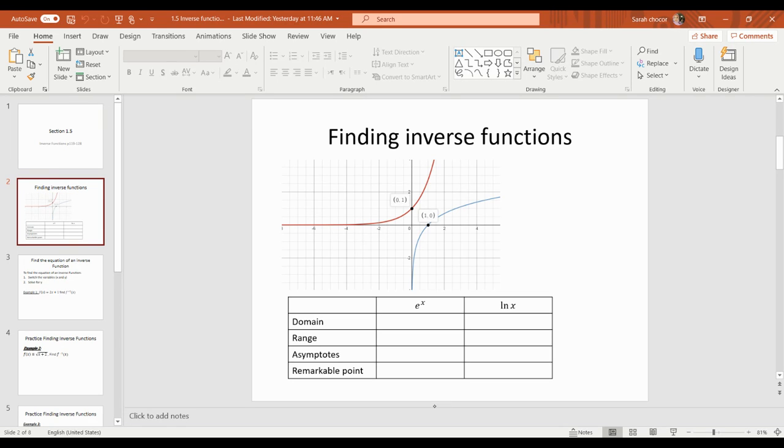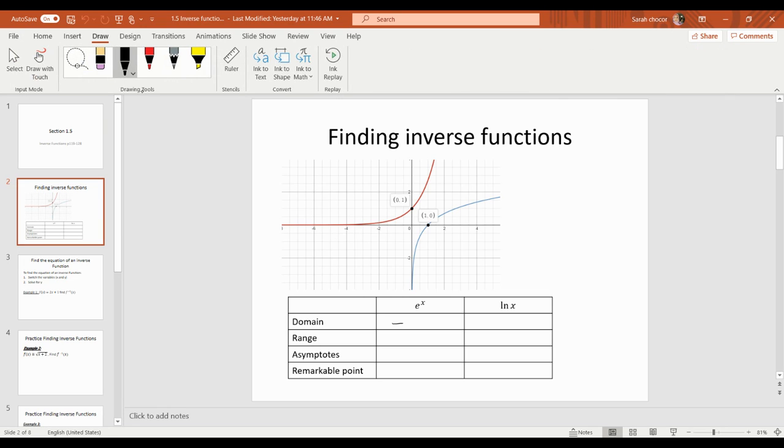Remember, when we talk about domain, if we're reading it from a graph, we are reading left to right and we read the x values. On the very left, the graph is going to the negative infinity values. On the very right, the graph is going to the positive infinity values. It's going all the way to the right. So let's write this. Negative infinity, comma, infinity is the domain of an exponential function.